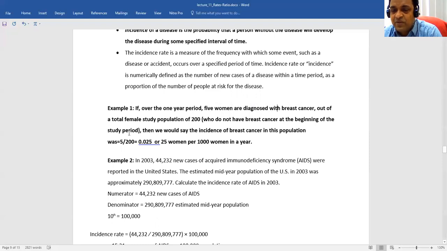We have 5 women out of 200 who developed breast cancer over the 1 year. So 0.025 per woman, or you can say 25 women per 1,000 women in a year. That is the incidence rate: 25 women who did not have breast cancer before develop it out of 1,000 women, so the incidence rate is 0.025 per woman.